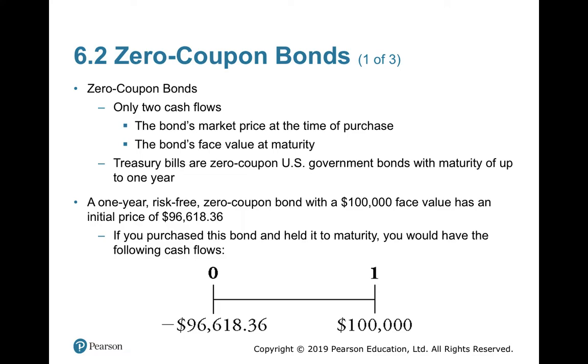Now after 1 year, the Federal Reserve will return 100,000 to the bondholder. So the 100,000 is the face value returned by the company to the bondholder. And in the beginning, the bondholder has to pay at a discount, 96,618.36, to the company to buy this bond.